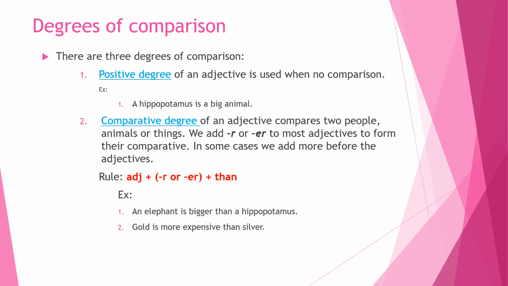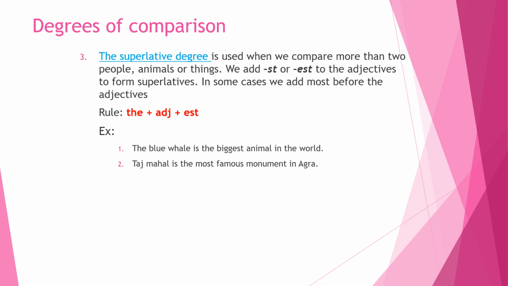Coming to superlative degree, the next degree of comparison is used when we compare more than two people, animals, or things. We add st or est to the adjectives to form superlative degree. For example, the blue whale is the biggest animal in the world.